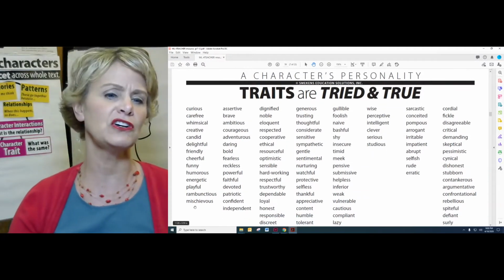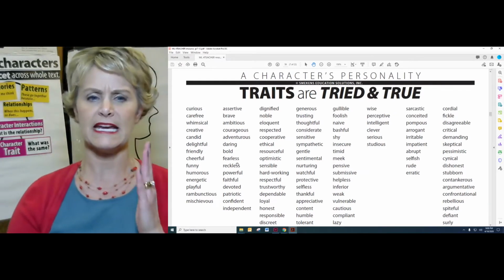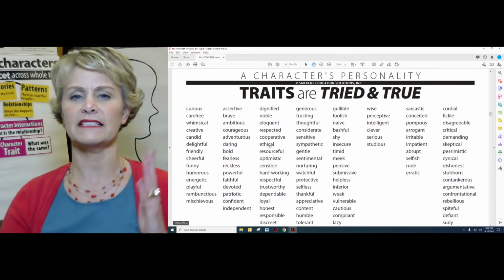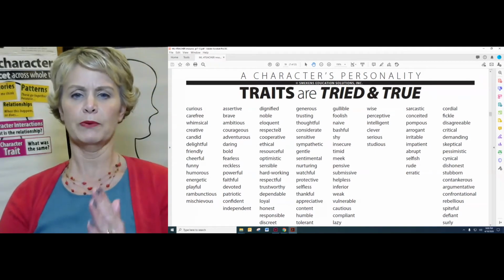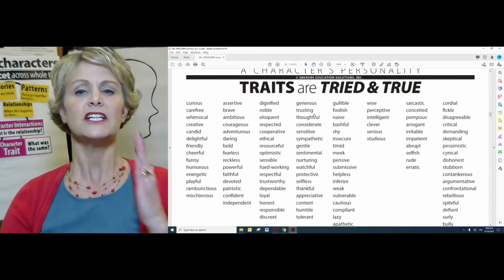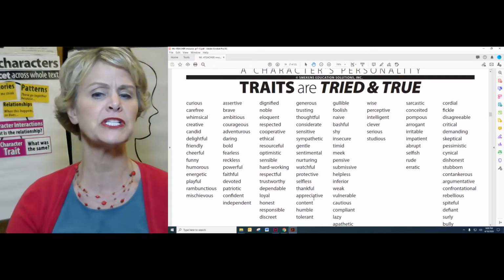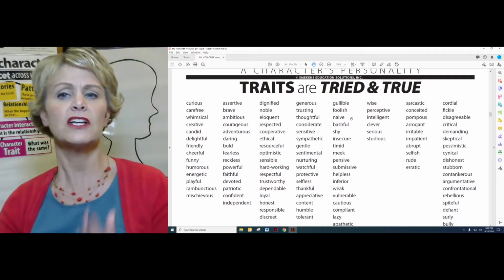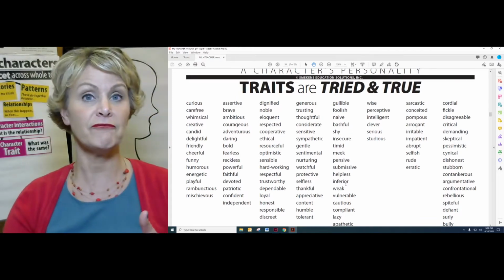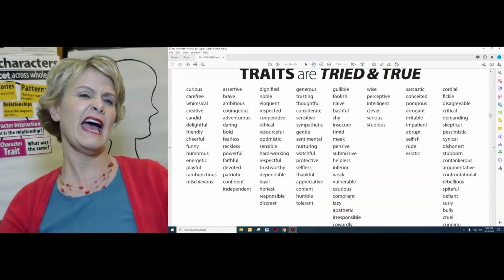Curious, whimsical, carefree, playful, rambunctious, assertive, brave, bold, but also powerful, confident, reckless, noble, eloquent, respected, trustworthy, responsible, generous, thoughtful, sympathetic, protective, appreciative, humble, gullible, foolish, timid, meek, inferior, weak, vulnerable, lazy, apathetic.